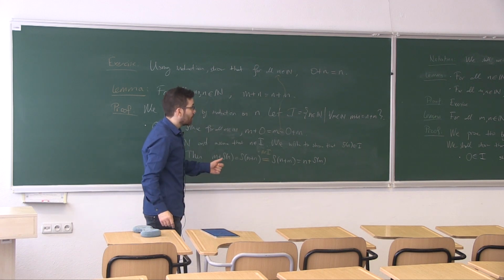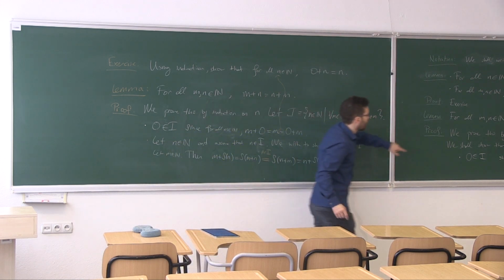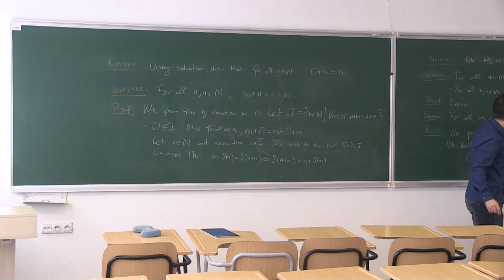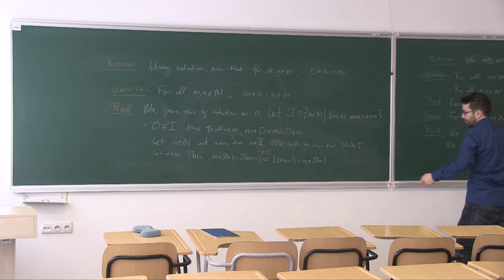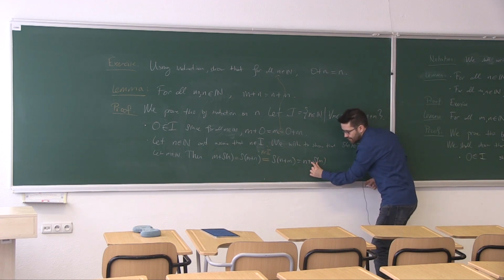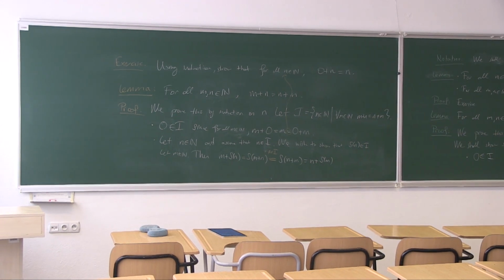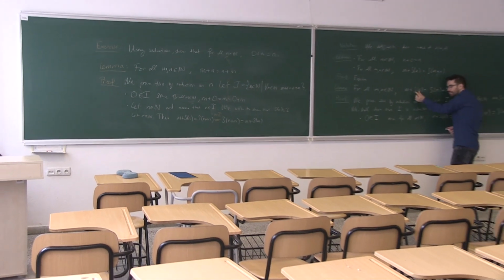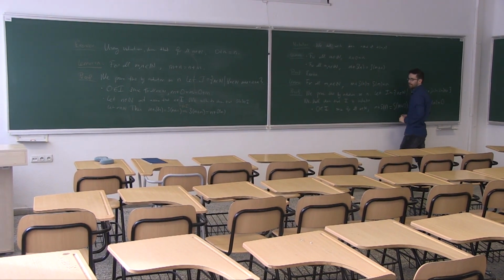And now I'm going to use the previous lemma. Here m and n are flipped, but I can move this successor over here. Some number plus the successor of some number equals the number obtained by moving the successor over here.